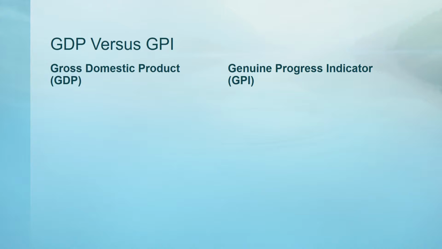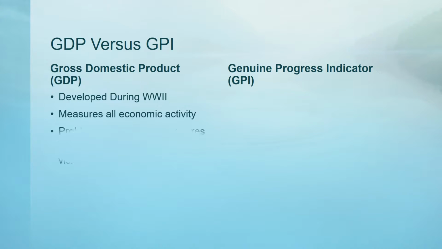I mentioned gross domestic product versus genuine progress indicator. Your book uses another kind of measure too, but that's fine. Gross domestic product was developed during World War II. It measures all economic activity.